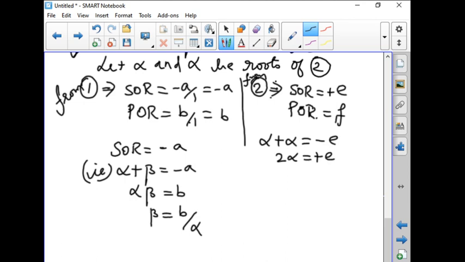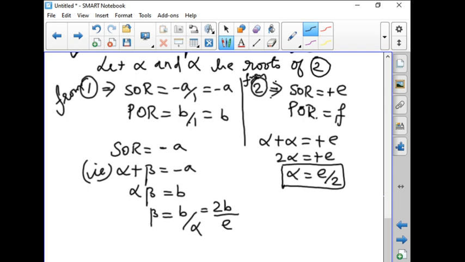Alpha is equal to minus e by 2. Using this alpha, b by alpha can be written as 2b by e. Here we got alpha is equal to e by 2.